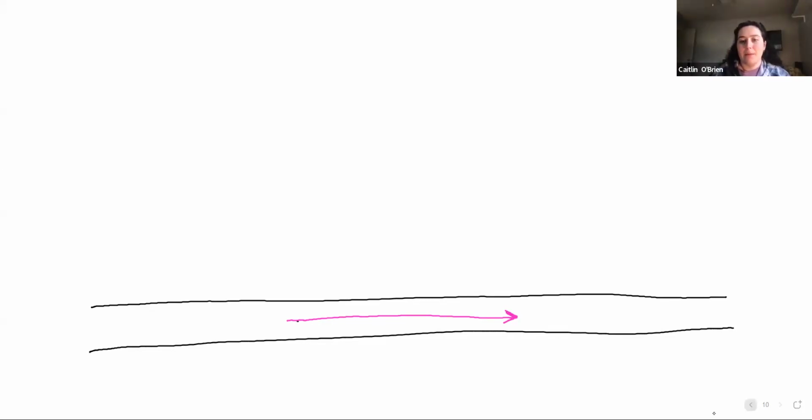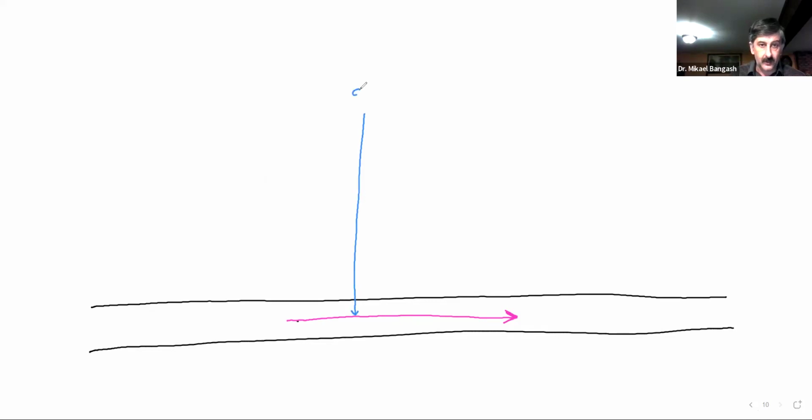Now, we also already said that if this was the direction of the blood flow, and this was the direction of the beam, this here will make a 90-degree angle. We already said that at this 90-degree angle, we have a cosine theta value, which was 0.